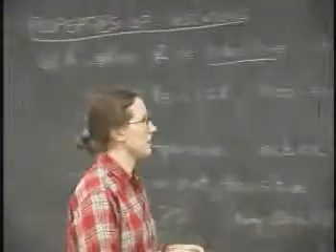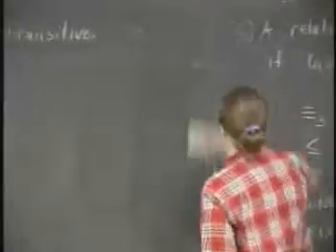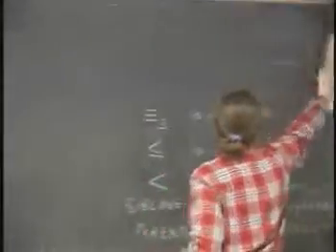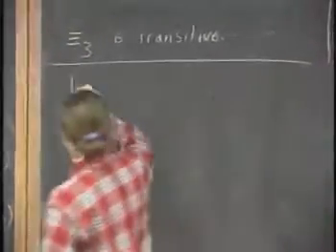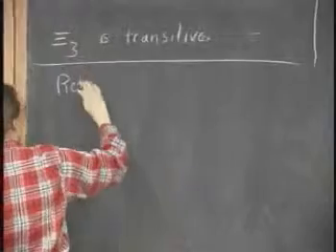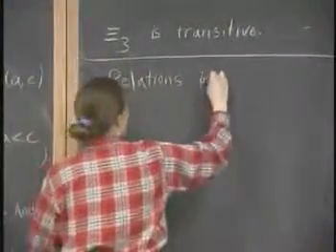I've only talked about relations with one set to itself. You can also talk about, and I don't know if I wrote anything in the notes about this or not, relations between two sets.